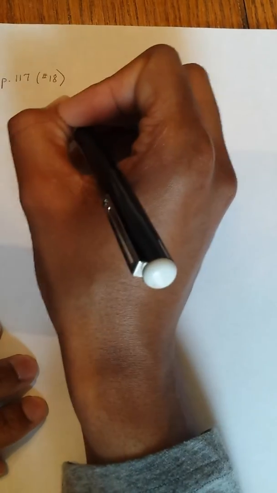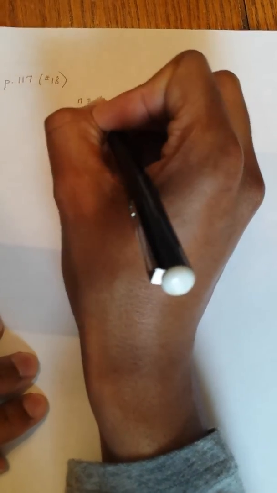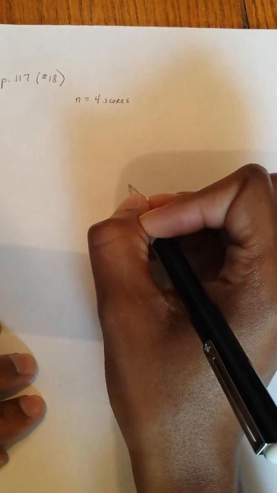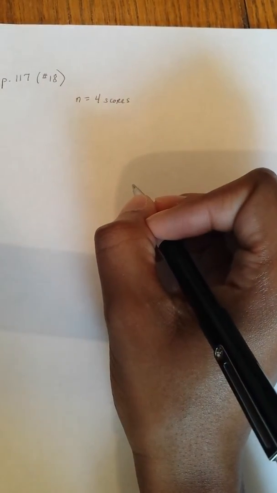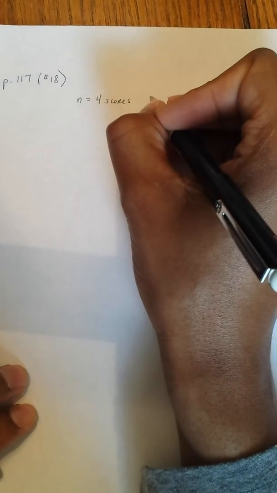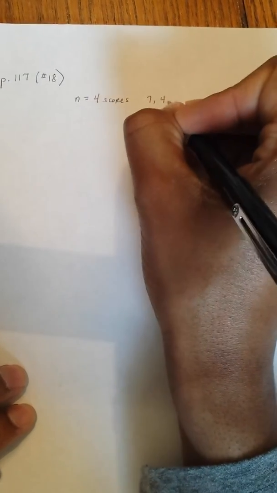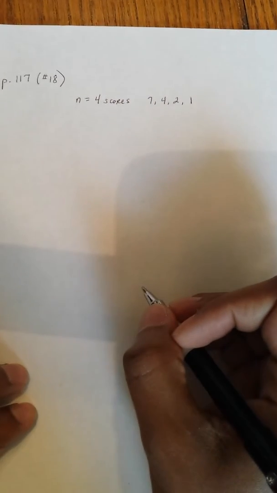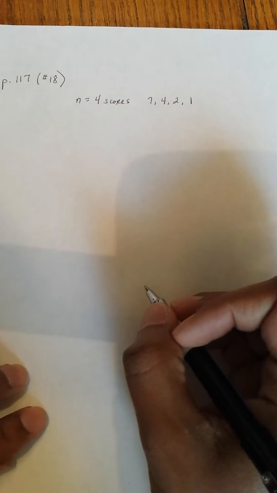So they gave us n equals 4 scores. So we're working with 4 scores here. And the specific scores they gave us: 7, 4, 2, and 1. Okay. So these are the raw scores that we're going to be working with.